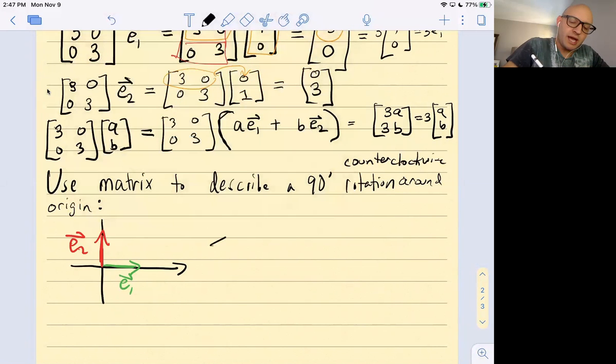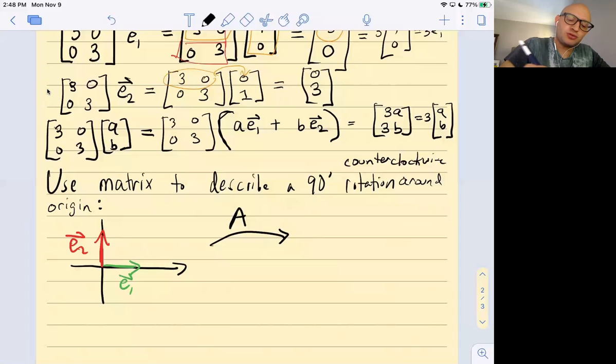I'm just going to write A to represent that we're doing something to the whole thing to move it 90 degrees counterclockwise around the origin. What happens to the green arrow? Where does it move to? It becomes E2. Nice, Conjit.